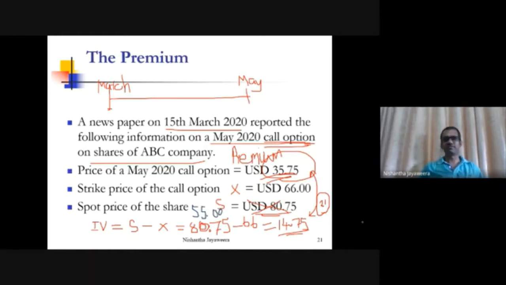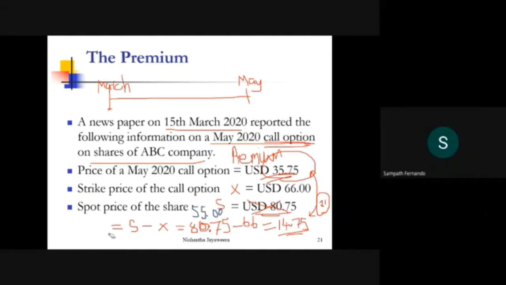What is the time value? If the spot price was 55, not 80.75, what is the intrinsic value of this option? What is the time value of this option?